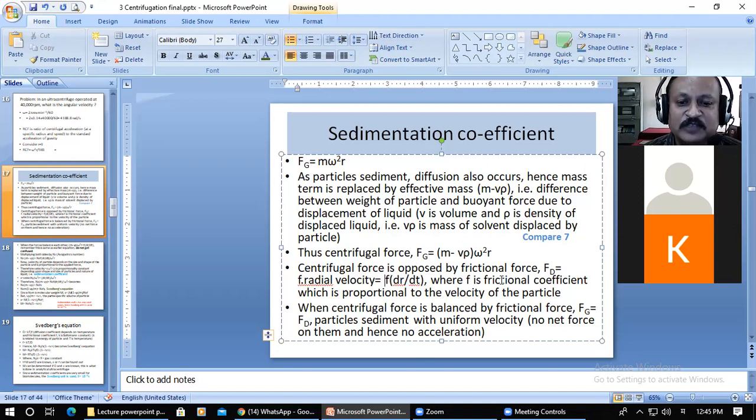So this frictional force is now given by f, the frictional coefficient, multiplied by dr by dt. Dr by dt is the displacement of the particle in the rotational sense with respect to time. Is it clear to everybody? Yes, sir. Okay.